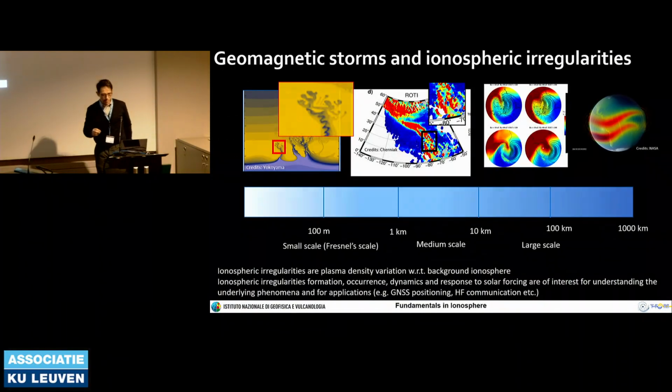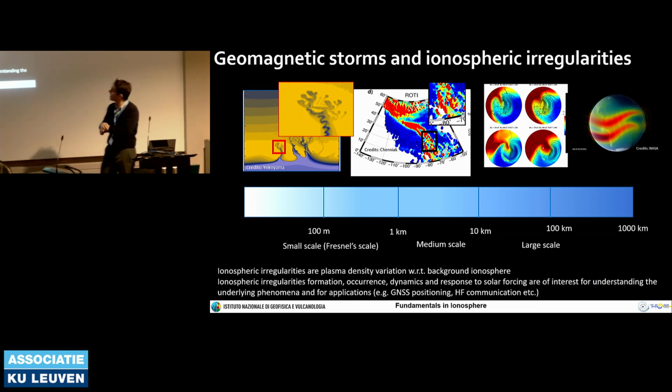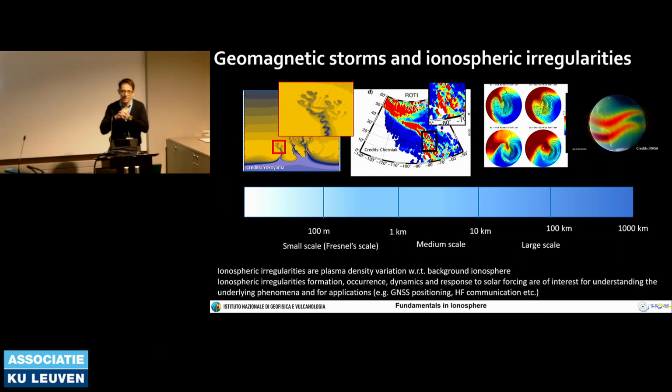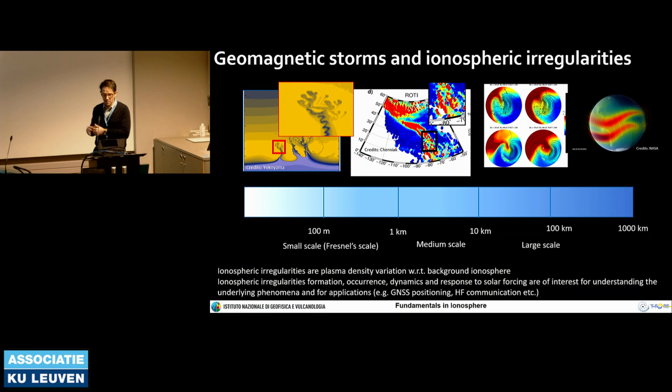The most intriguing part of the solar storm, which translates into a geomagnetic storm, which translates into an ionospheric storm, is the formation of ionospheric irregularities. I will speak about that on Wednesday. In general, these are plasma density variations on top of a general smooth background ionosphere, and they are created, but not only, during geomagnetic storms, and they are either created or modulated.